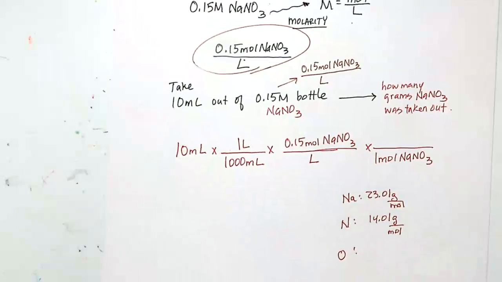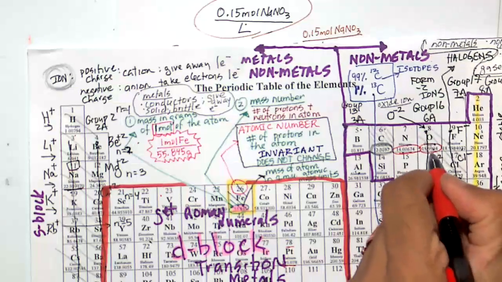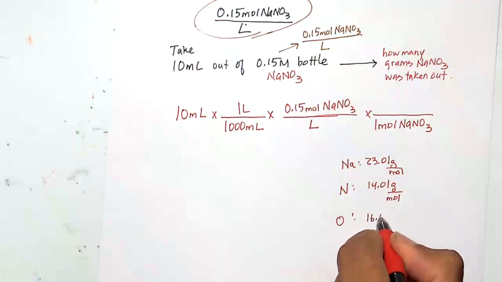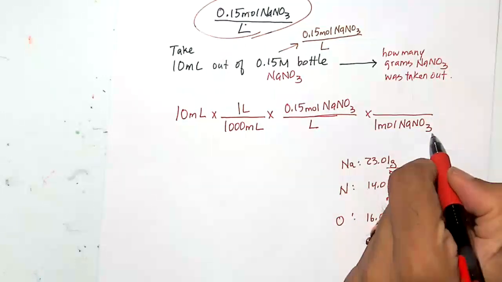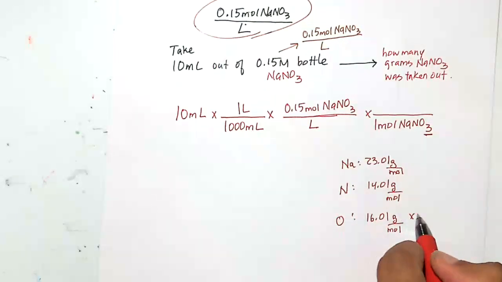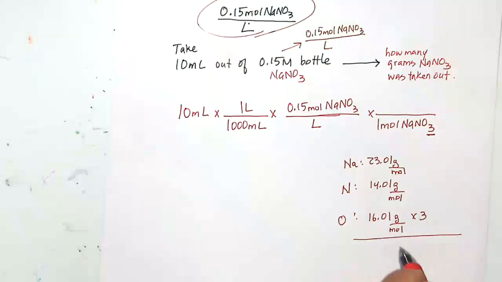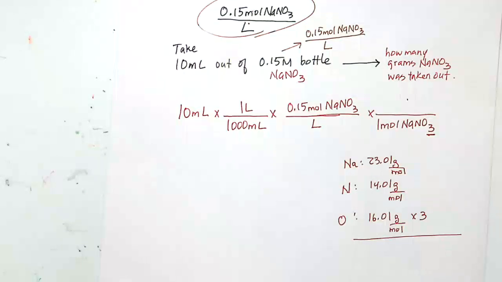How much is oxygen? 15.999, we'll go with 16.01. But how many oxygens do I have? So we'll multiply this by 3. If we add all this up, 1 mole of NaNO3 is this many grams of NaNO3.